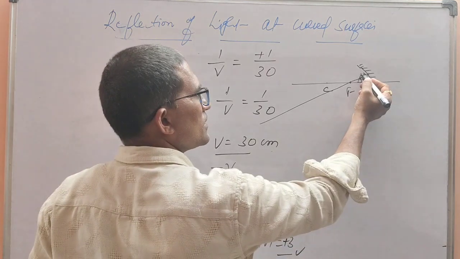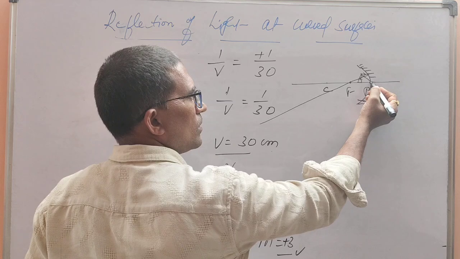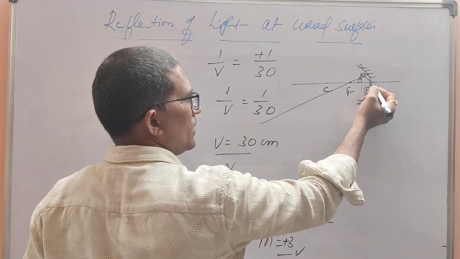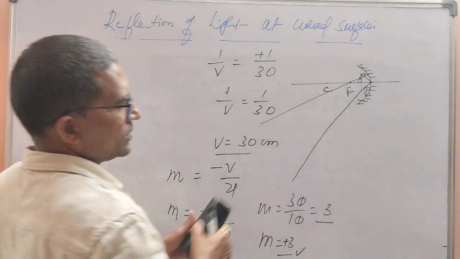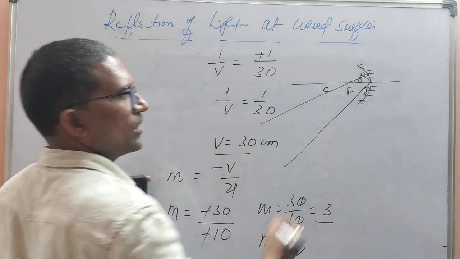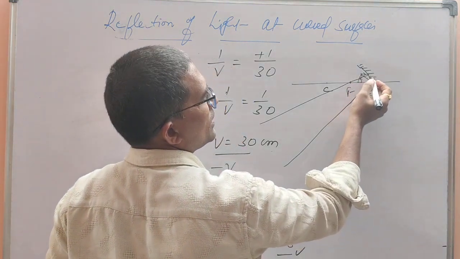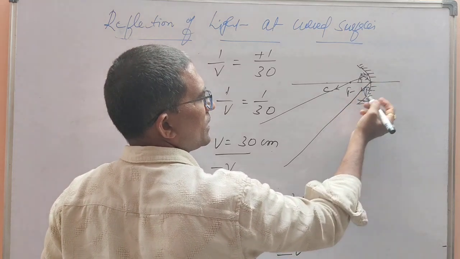Second ray is going to hit the reflecting surface of the mirror at P, and is going to diverge like this. So very clearly if I draw, this is the incident ray, reflected ray, incident ray, reflected ray, and this is the incident ray, and it is the reflected ray.